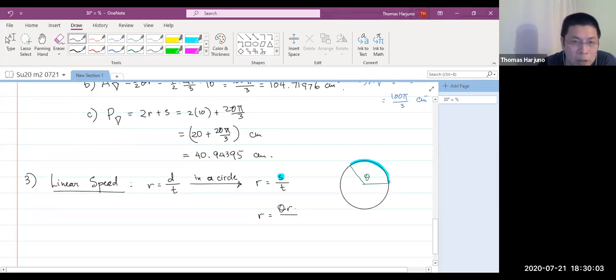Now I have two r's. I hope you realize that we don't want to use that r for speed. Let me erase that. r becomes v for velocity, or linear rate, linear speed.